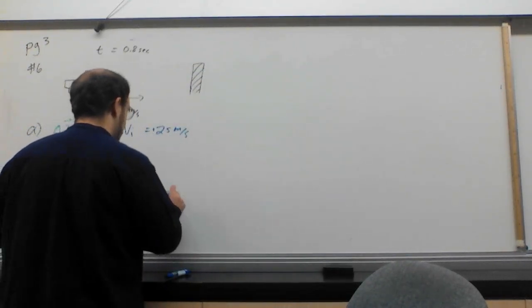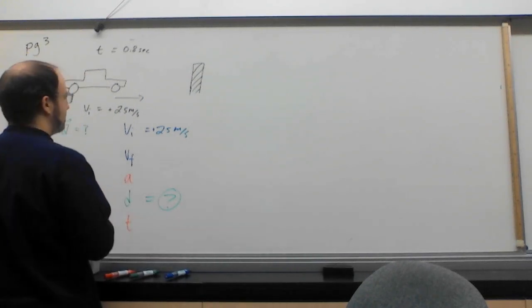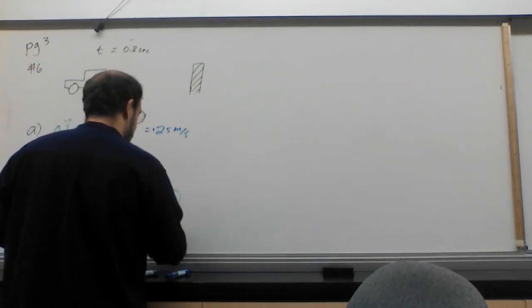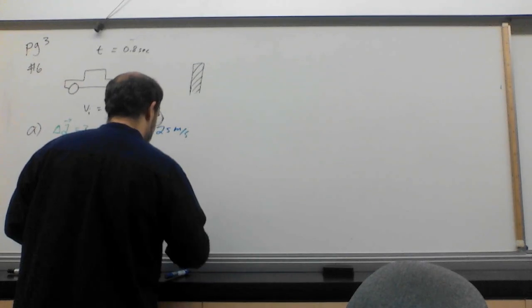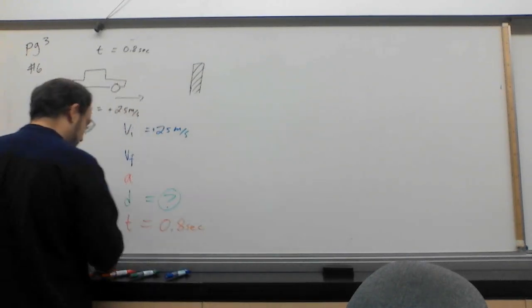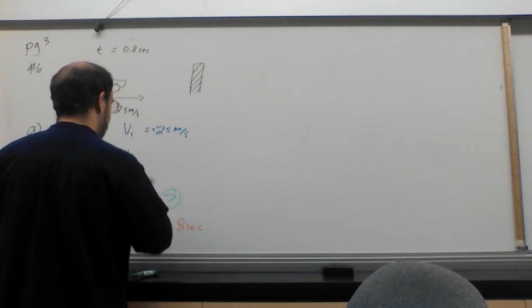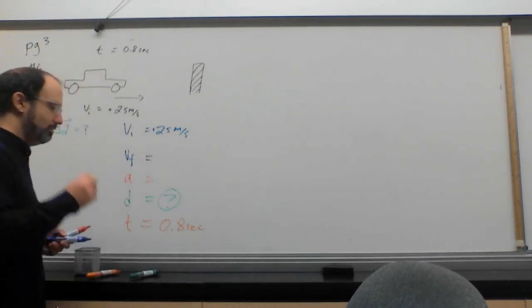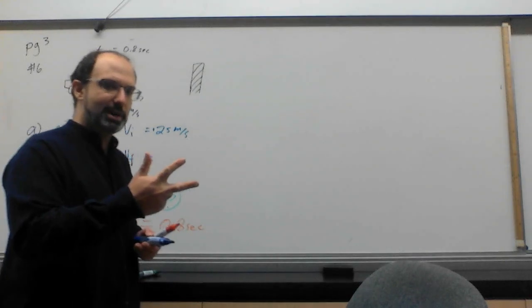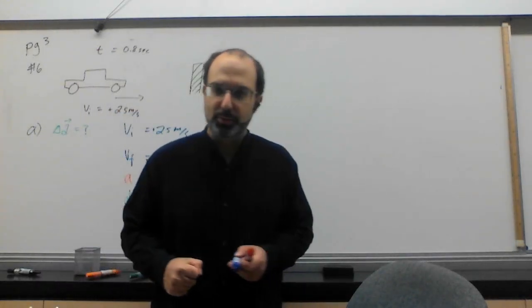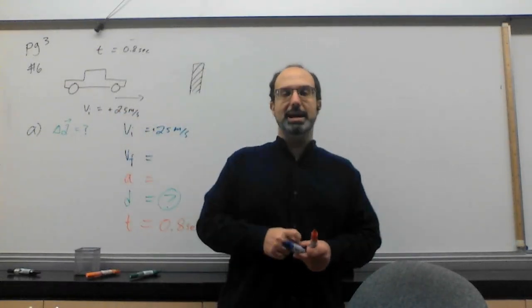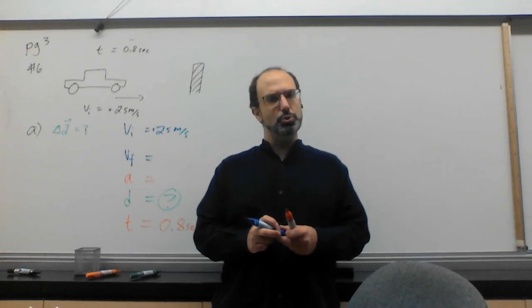So that one's easy. I'll put a question mark there. We have a time as well. It says it takes 0.8 seconds to put her foot on the brake. So what is the acceleration and what is the final velocity? Because the rule is that we need 3 terms to find the missing 2. And right now we only have 2 terms. So we can't solve this as is. So what do we do?